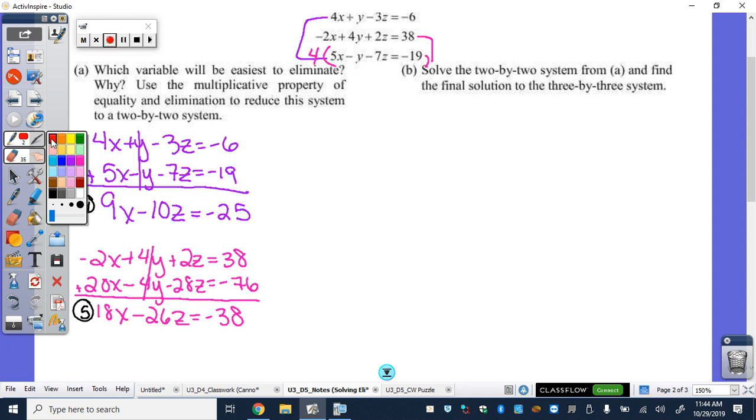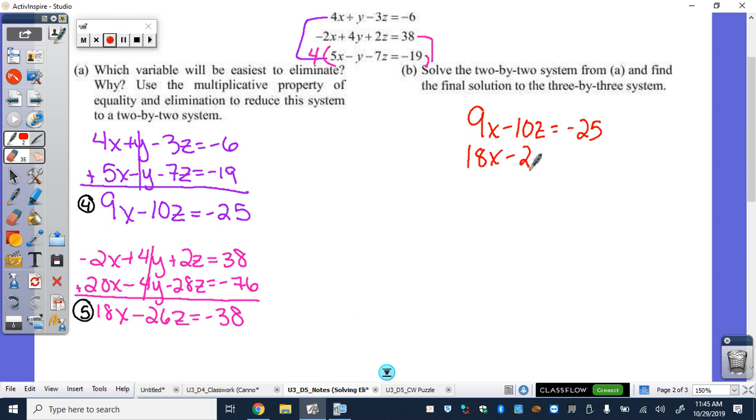So then I'm going to line up my 2 new equations. Line up my x's, line up my z's. There we go.